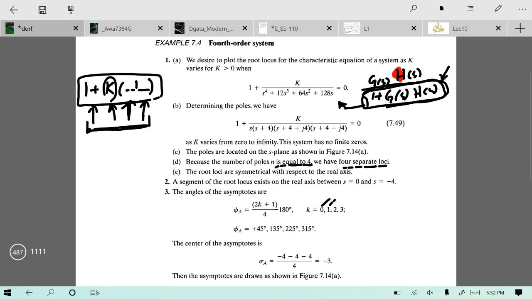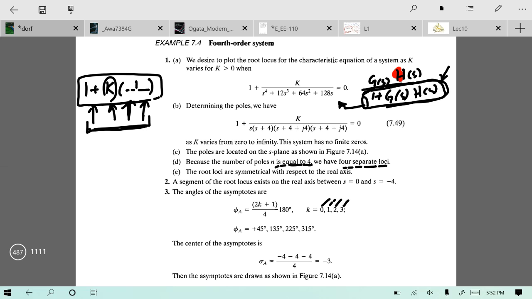With k equal to 1, you will find another angle, with k equal to 2 another angle, and k equal to 3 another angle. So 45, 135, 225, 315, and then this will repeat for subsequent values of k. For k equal to 4, it will again come to 45 degrees, and then this cycle will repeat. So I have 45, 135, 225 and 315 degrees as the angles of asymptotes.